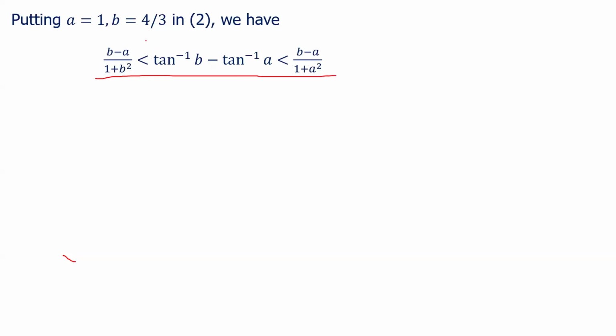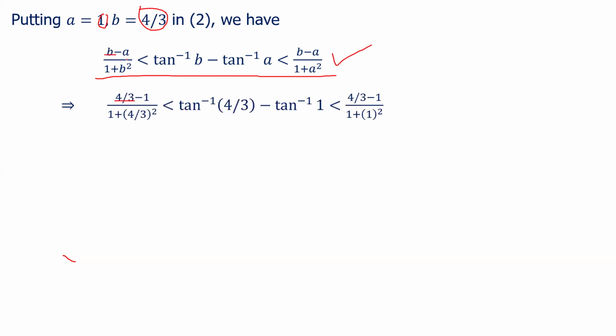We want to put B equal to 4 by 3 and A equal to 1 in this expression. So what will happen? B is 4 by 3, A is 1, upon 1 plus 4 by 3 whole square, which is less than tan inverse of 4 by 3 minus tan inverse of 1, which is also less than 4 by 3 minus 1 upon 1 plus 1 whole square.